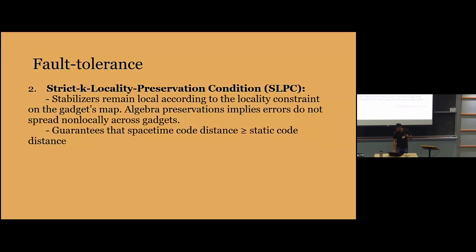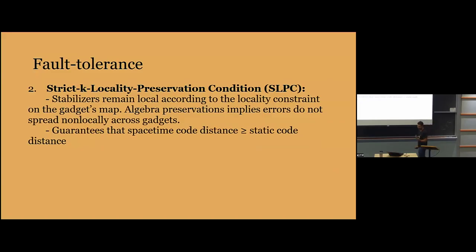And then the second condition is more constrained, which is called the strict k-locality preserving condition. So the first condition is to maintain macroscopic code distance. The second condition is to not have the code distance even change by a factor of c, some constant factor.